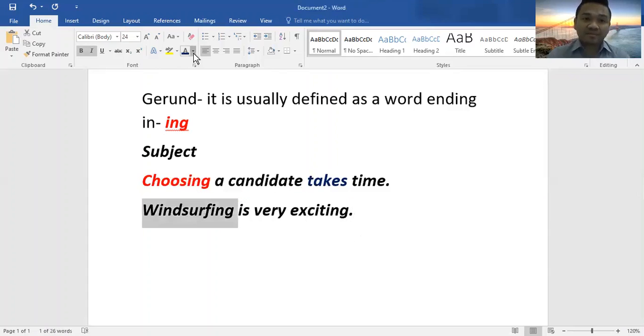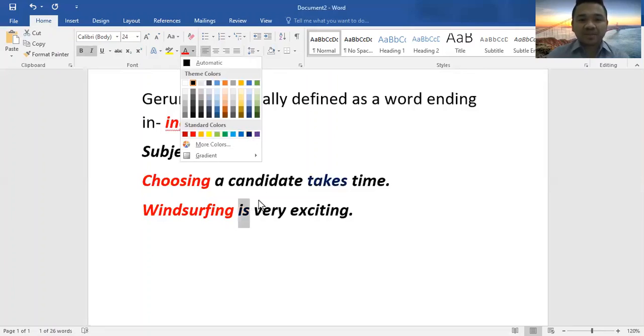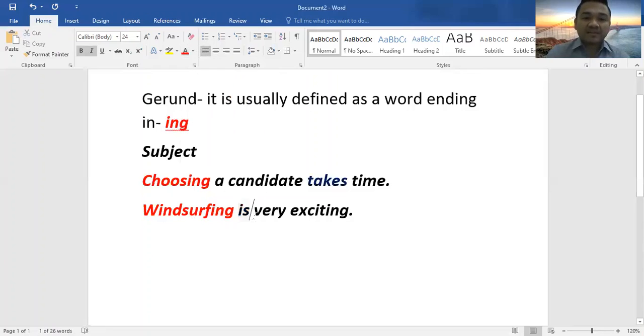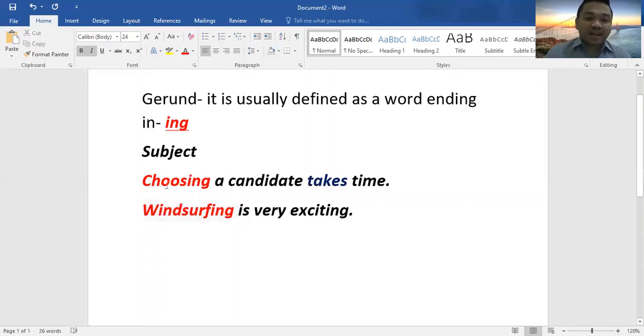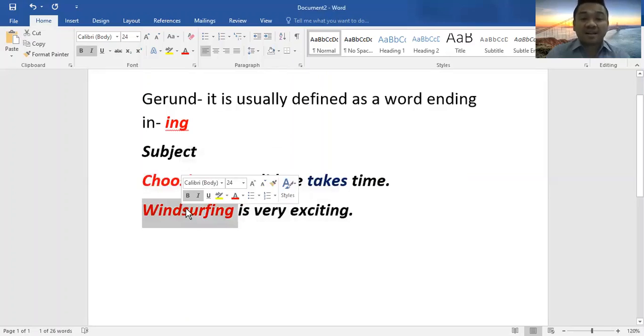Windsurfing. And the verb here is, of course, is. Don't get confused. So is is the verb, and windsurfing is the gerund. Again, choosing a candidate takes time. Windsurfing is very exciting. So choosing and windsurfing are the subjects of the sentences.